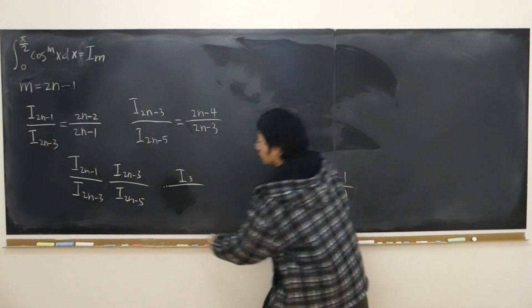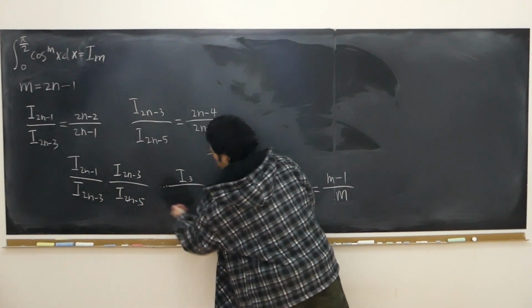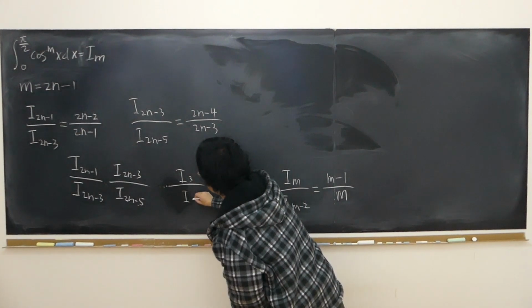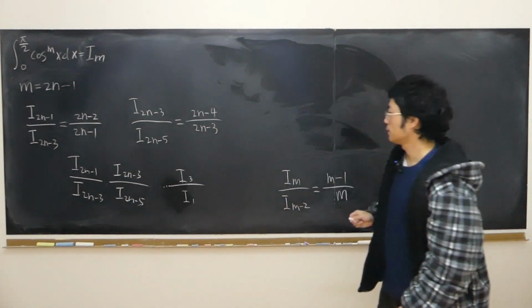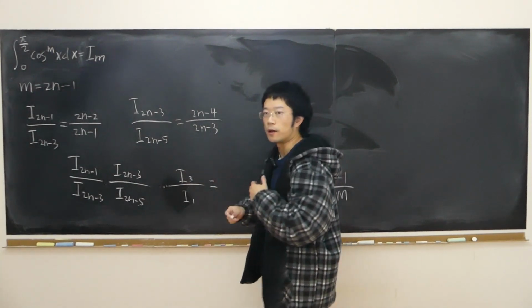And likewise, 2n minus 3, 2n minus 5, 2n minus 7, all the way down to I1. Okay, that's our left-hand side, all multiplied together.